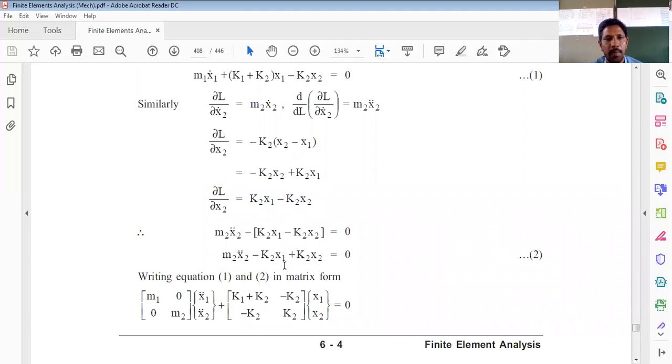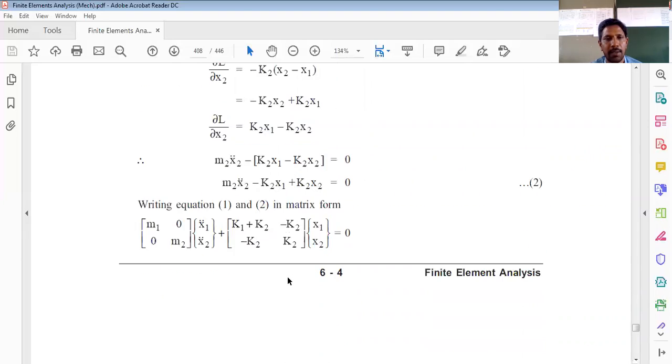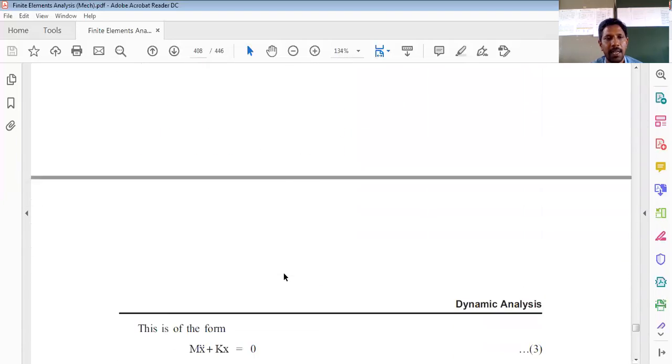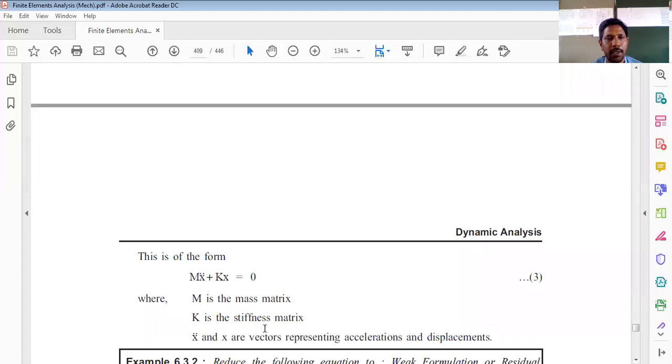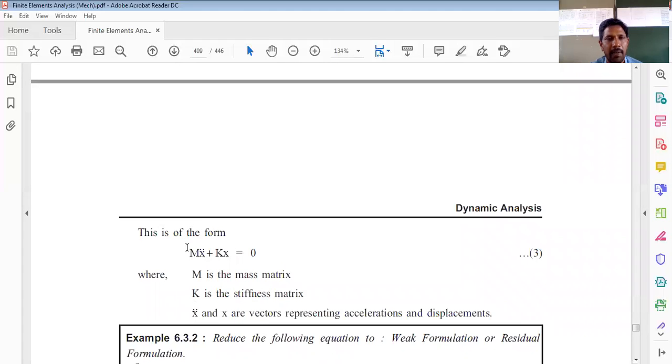In equation 2, the coefficient of x1 is minus k2 and the coefficient of x2 is plus k2, multiplying x1 and x2. In abbreviated form, we can write m x double dot plus k x is equal to 0. It is the equation of motion for an undamped system.